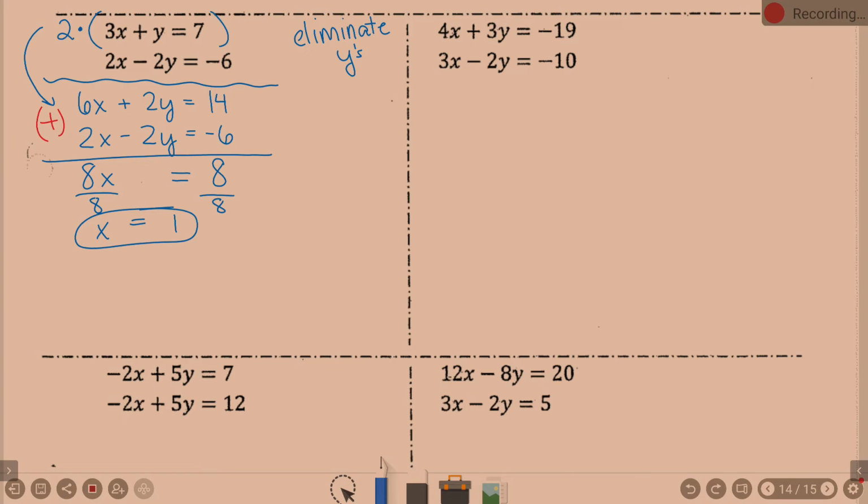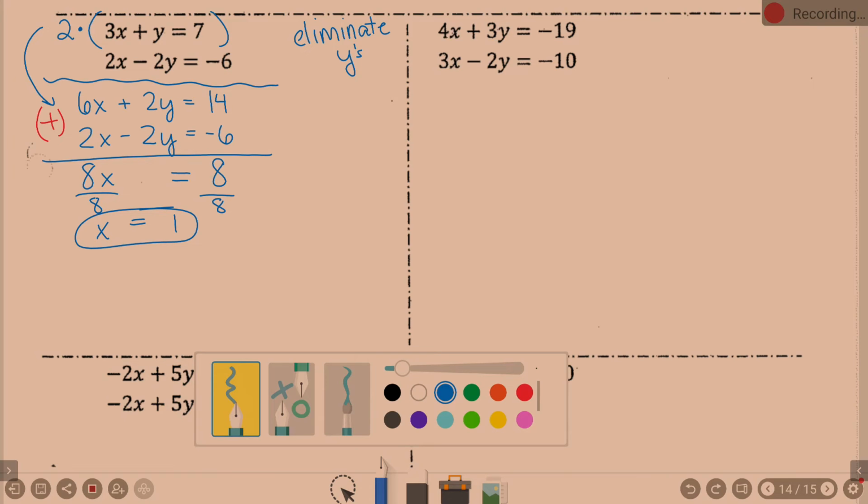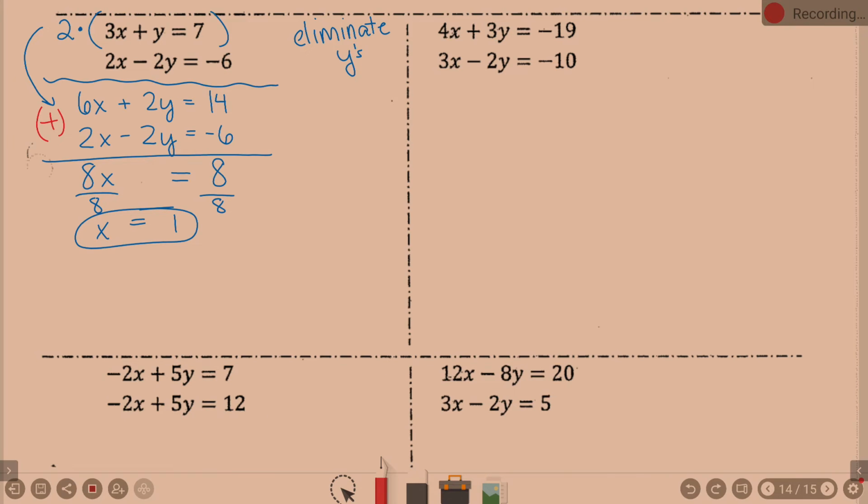Now, pick an equation. I would always use one of the originals and plug that value back in. Honestly, the easiest thing would be to use this equation here, the 3x plus y equals 7.